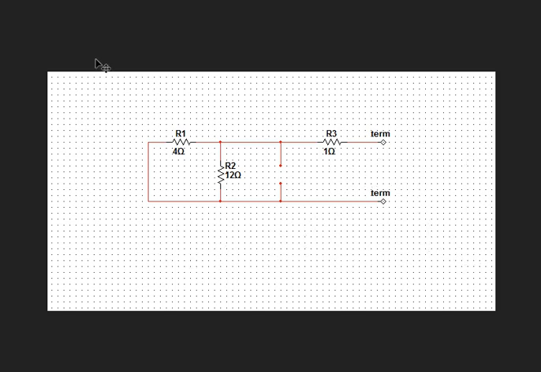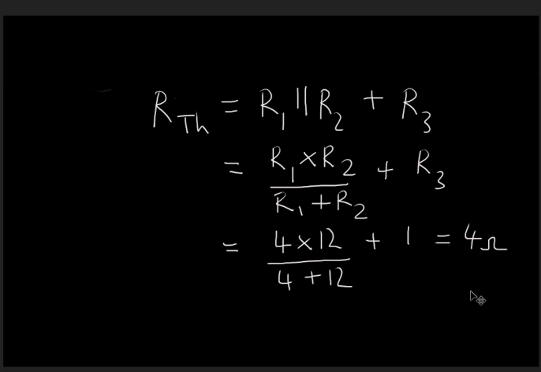Okay, let's proceed with our calculations. From our calculations, we have found R Thevenin to be equal to 4 ohms from the values that were plugged in for R1, R2, and R3.